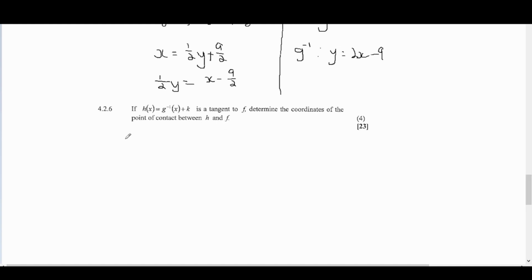So let's just simplify h of x. So h of x is equal to the inverse of g of x, which we can replace as 2x minus 9 plus k. And then we know that when two graphs make contact at the same point, they are equal at that point because they both have the same x and y values.